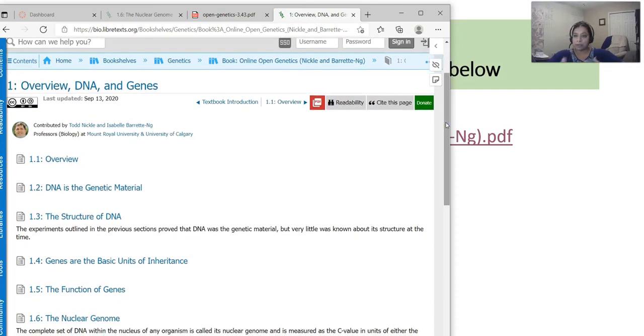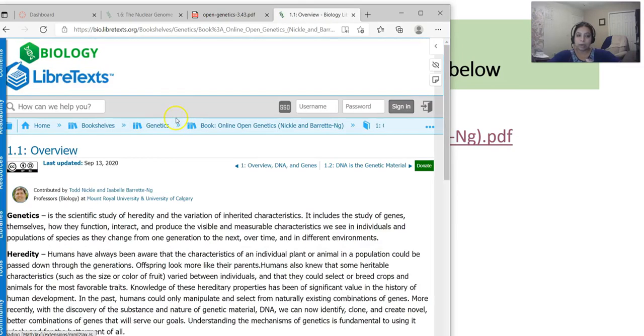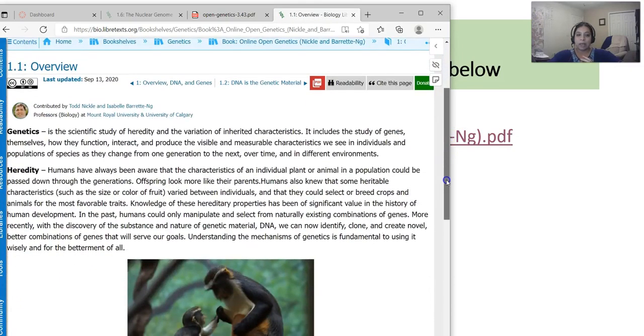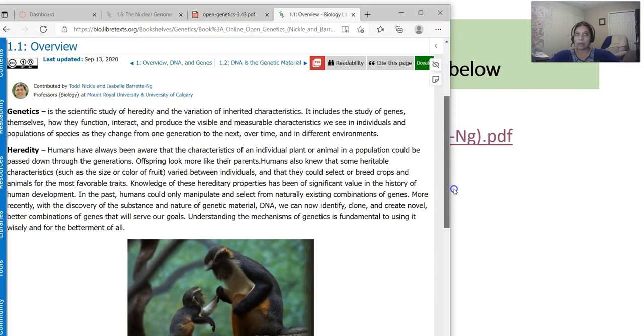I'll have more of a mix of the two later on as we get more into the meat of genetics. But in the beginning, because of its simplicity and ease of understanding, I'm going to rely more on this particular book. So here's an example from what we're going to be working on today, which is an overview introduction to DNA and genes. If we click on any one of these sections, you will see it almost reads like very good notes from one of the big textbooks.